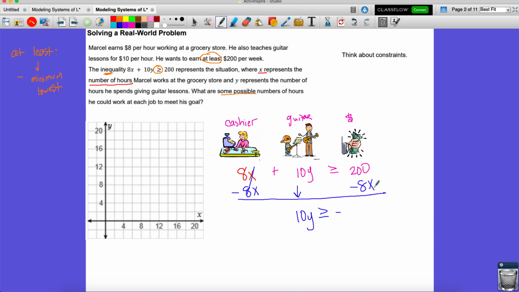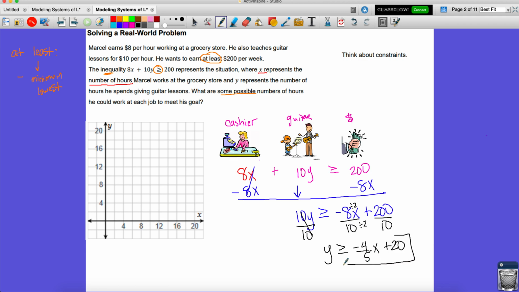We cannot combine these, so we're going to write these in slope-intercept form, y equal to, not really equal to though, mx plus b. And then to get y by itself, we can just divide each one by 10, and we get that y is greater than or equal to, I'm going to reduce this by dividing the top by 2 and the bottom by 2, and we get negative 4 over 5x plus 20.